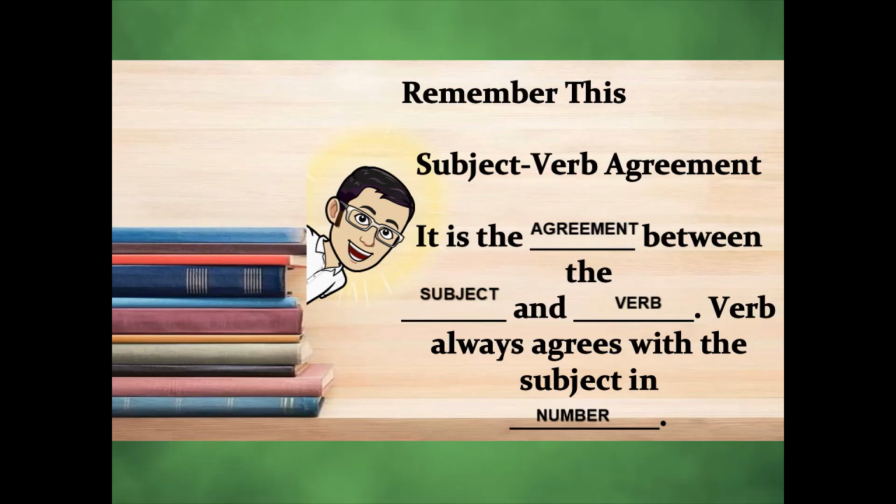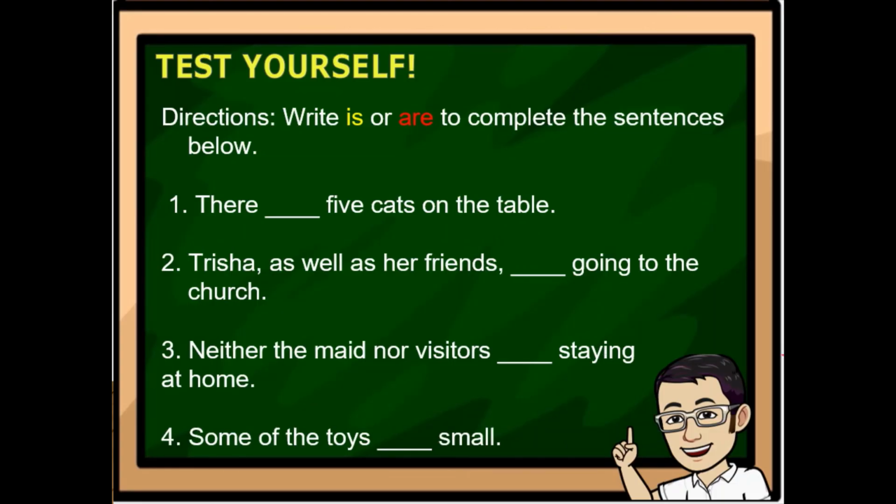It's time to test yourself. Get a pen and a sheet of paper. You can pause the video to think of the right answer. Are you ready? So let's begin. Directions: Write is or are to complete the sentences below. Number 1.